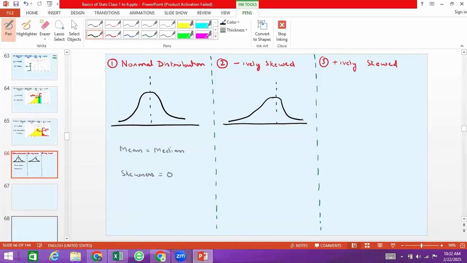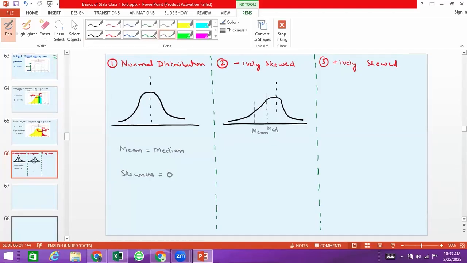So there is a fat tail, we call it a fat tail, towards the negative side, but it is normally distributed on the positive side. So the mean will be somewhere here, and this will be the median.